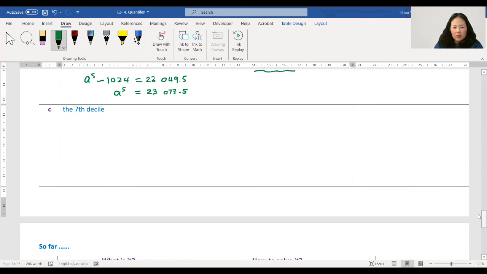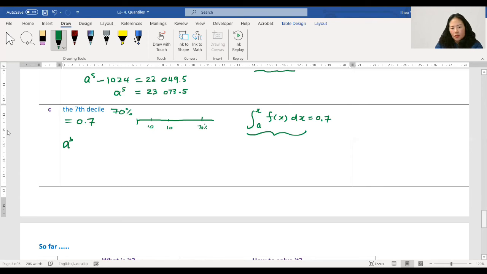7th decile, so 10%, 20%, 30%, all the way up to roughly here, say 70% there. So it's going to be 0.7 because it's 70%. I'm going to use the general formula again, the usual calculation.